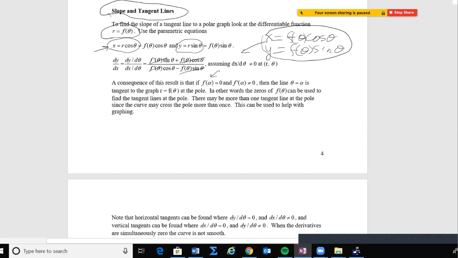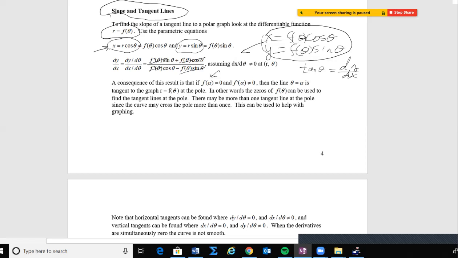And we have that dy/dx is just equal to sine of theta over cosine of theta, which is the tangent of theta. So, in other words, at the pole, we have the change in y over the change in x. It gives us a slope right at the pole.